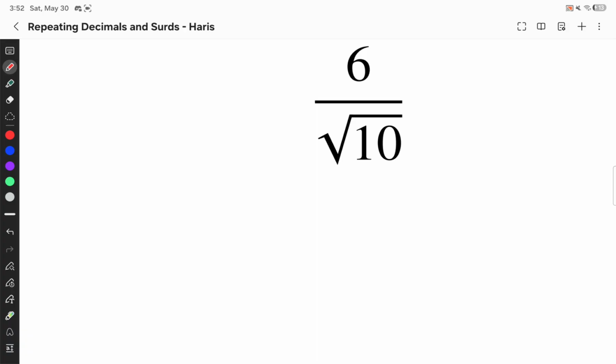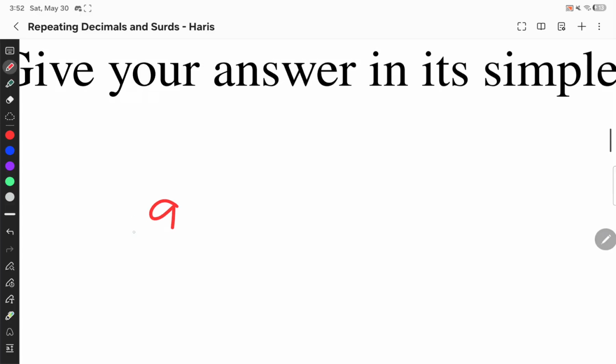Okay, here's the analogy. Say you want to divide a number by 2. This is trivial. You know your two tables, easy. By 3, simple.